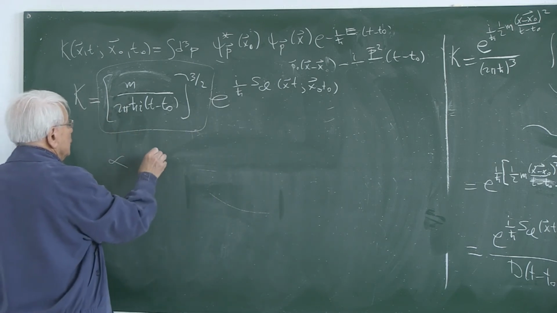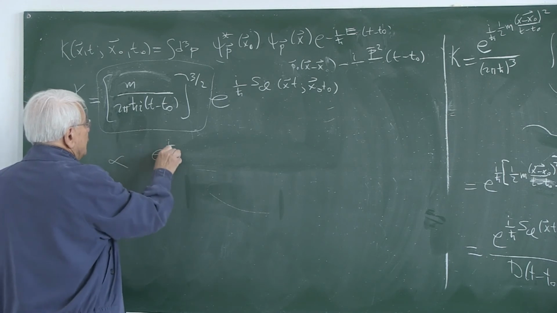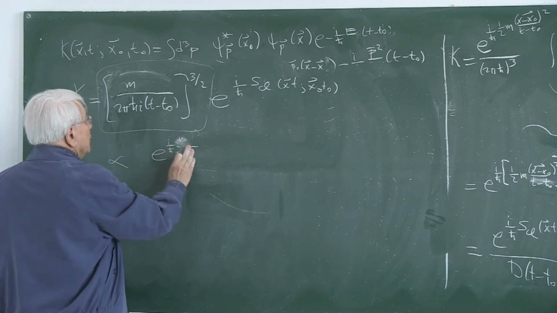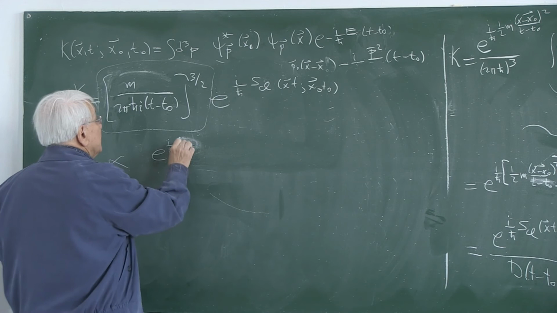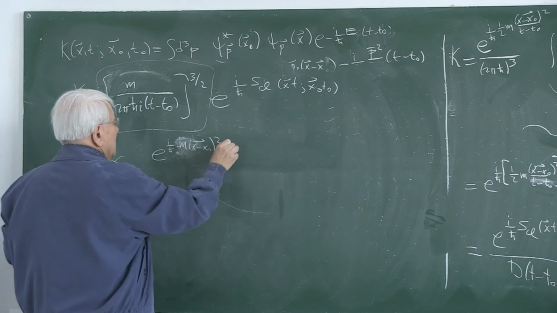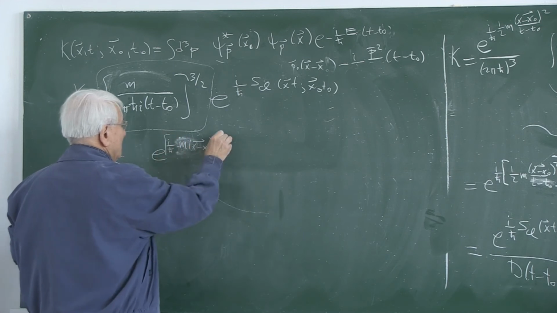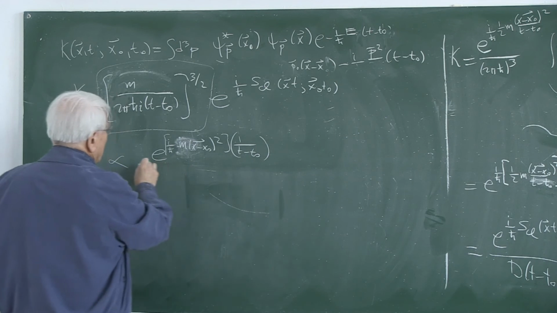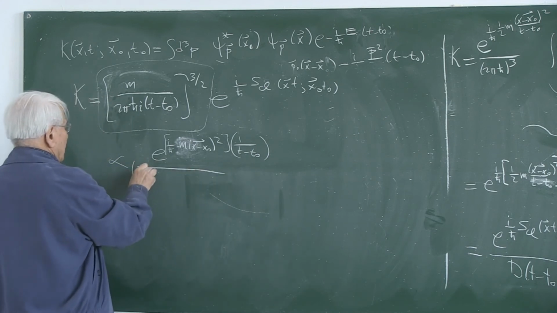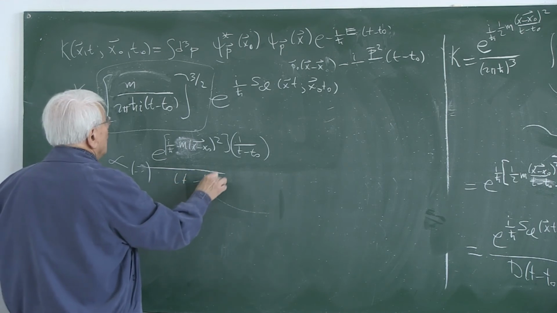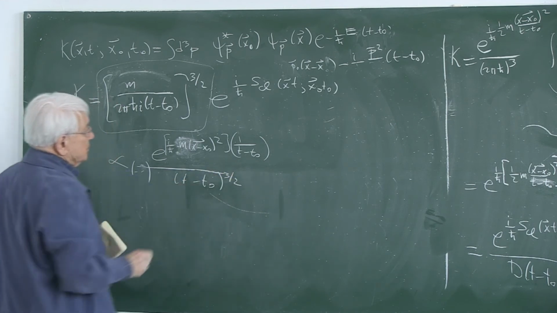It's proportional to e to the i over h bar, m over 2, sorry, let me write it more aesthetically: m (x minus x0) squared times 1 over (t minus t0), divided by some factors, and (t minus t0) to the 3/2.